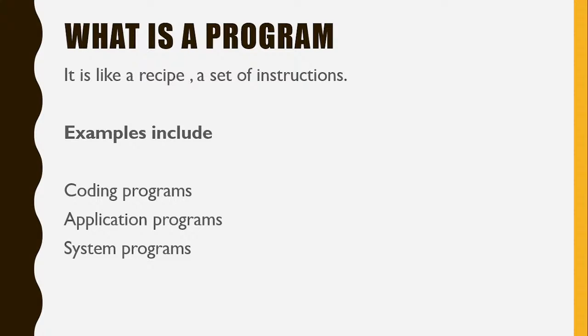The examples of system programs include Windows, Mac, Linux, and Unix, and also the BIOS, basic input output system, which controls the hardware of your system. So these are the three kinds of programs: coding programs, application programs, and system programs.